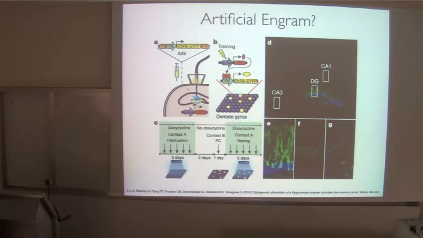So what's the idea? We put it in A, it knows this box, and it's not afraid of this box. And it's also not afraid of the light, because it knows nothing happened. Now we put it in box B, and we give the electric shock. So what happens? We expect some neurons in the brain to be activated in order to encode this memory.